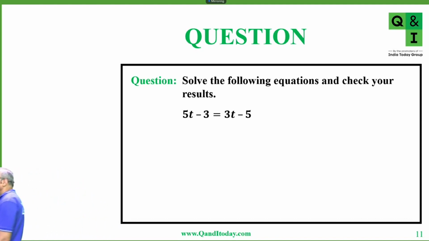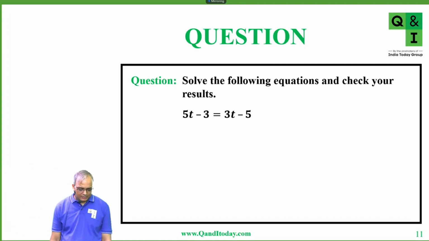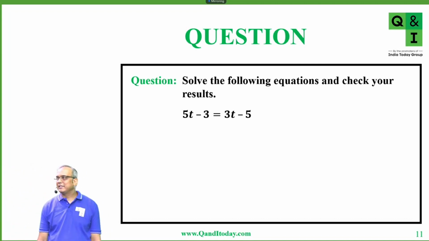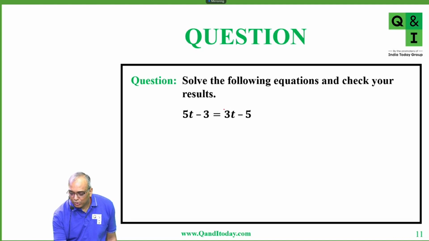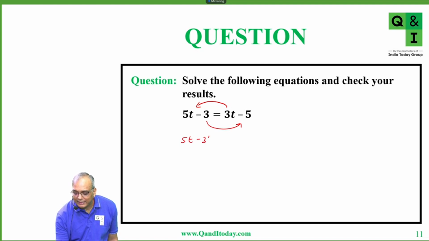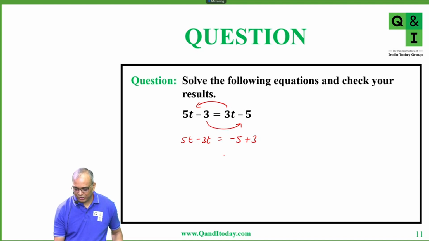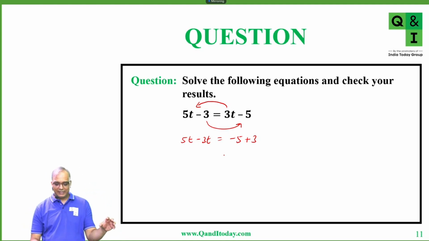So t is equal to minus 1. Yes, it was clear. T is equal to minus 1 is the correct answer. So what we are going to do is bring 3t to the left and minus 3 to the right. So this will become 5t minus 3t is minus 5 plus 3, because plus 3t will become minus 3t.